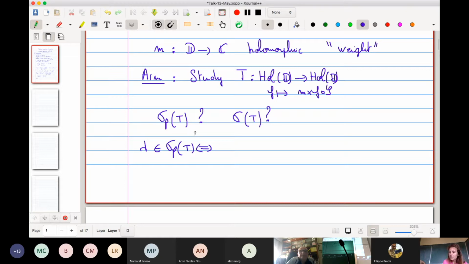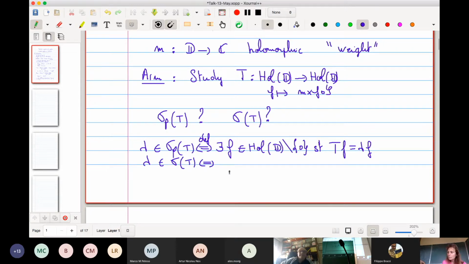By definition, it's just the existence of a function f which is not zero such that Tf equals lambda f, whereas to be in the spectrum is, so this is exactly the same as saying that T minus lambda identity is not injective.